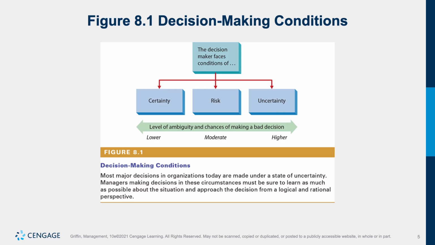Organizations can't really make decisions under conditions of certainty because they wouldn't know for certain what their competitors in the task environment will do, or what new technology, which is a component of the general external environment, will be developed that would upend organizational operations. They can't make decisions for certain about how that would turn out, right? So these are things to bear in mind. Most often than not, organizations make decisions under conditions of risk and under conditions of uncertainty.